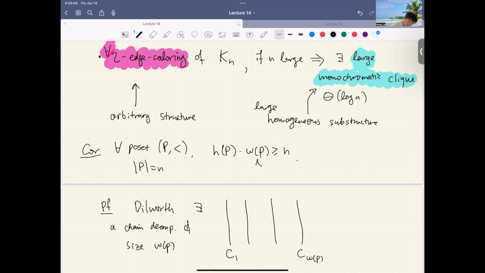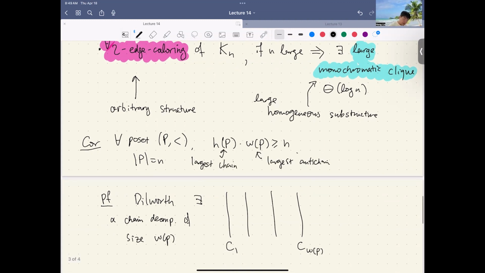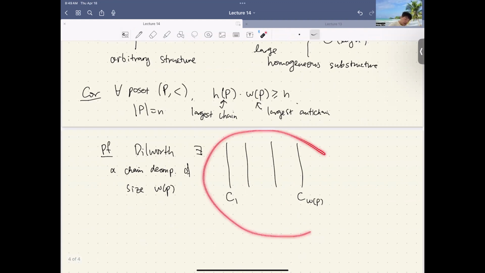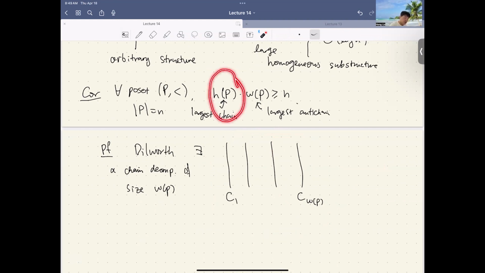So recall this is the largest anti-chain. This is the largest chain. Then their union covers everything. In particular, their union is of size exactly n. But each length is at most the height.